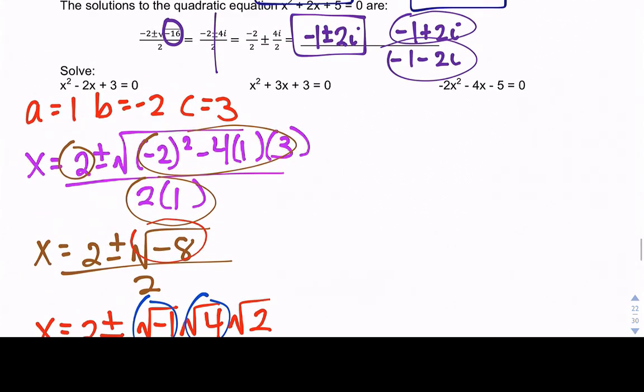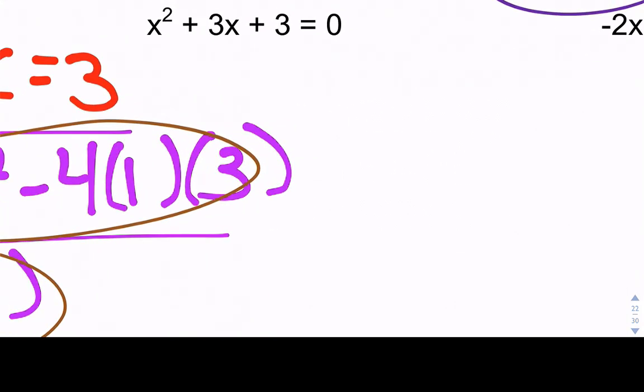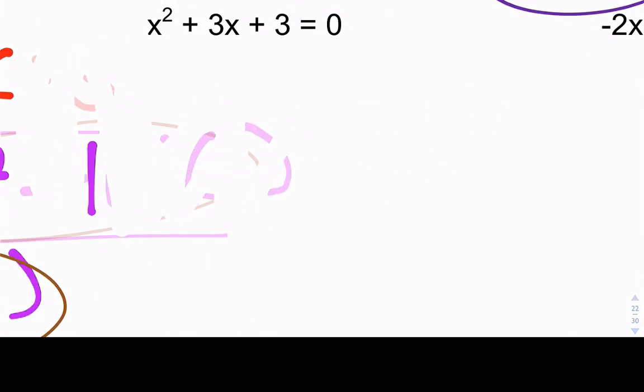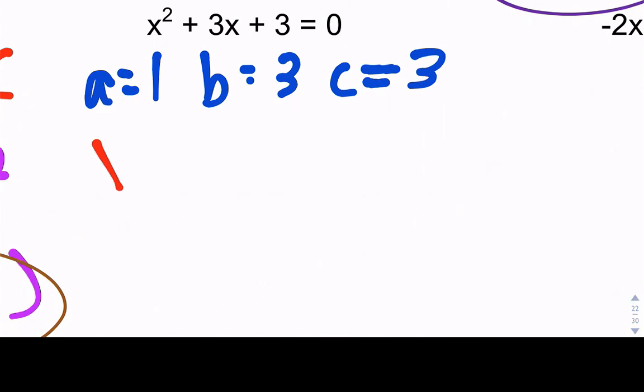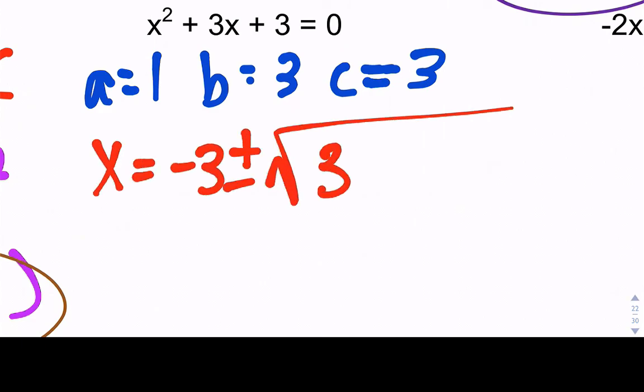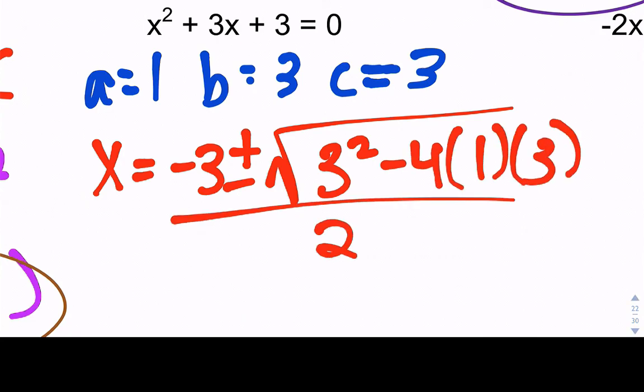Okay, let's try another one. And erase some of this. So again, identify a, b, and c. So here a is 1, b is 3, c is 3. Plug into quadratic formula. x equals opposite b plus or minus the square root of b squared minus 4ac all over 2a.